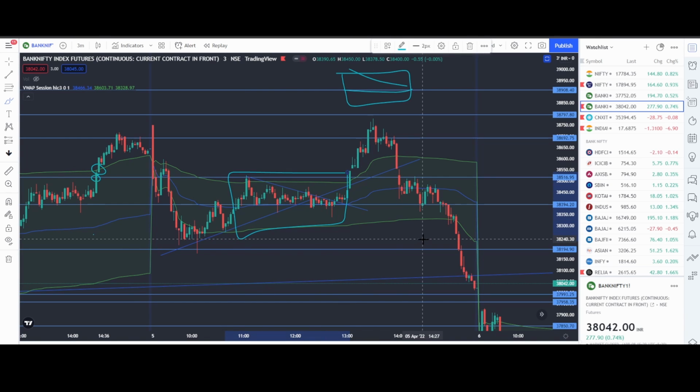This was my total zone, the upper point, the middle point and the lower. Only activation was over here. This symmetrical, downward slanting triangle wouldn't have made much sense to me until and unless it had breached over here.